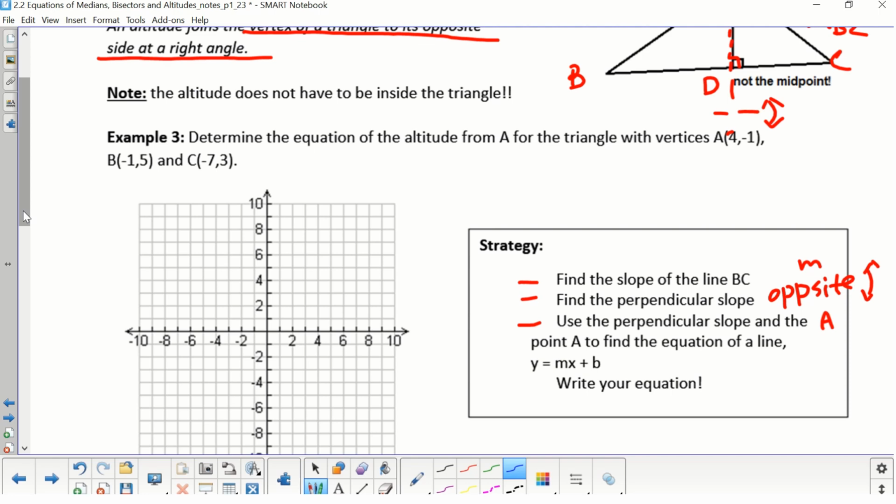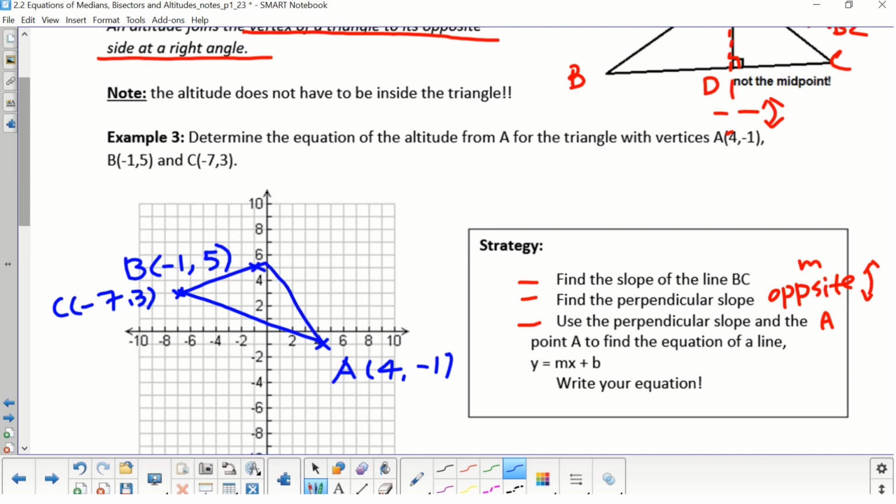So A is (4, -1). B is (-1, 5). C is (-7, 3). So we sketch it, we have A, B, C. Now we want to find the altitude. You will see the altitude is not always inside the triangle.